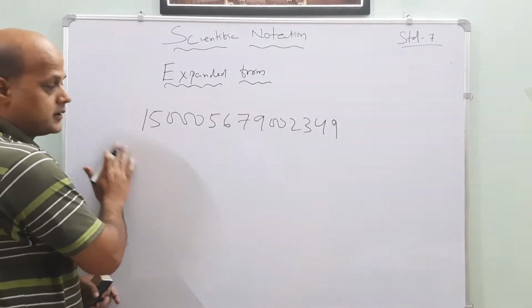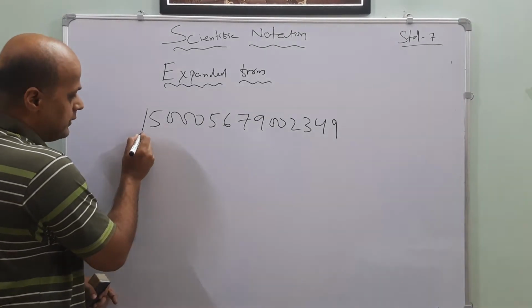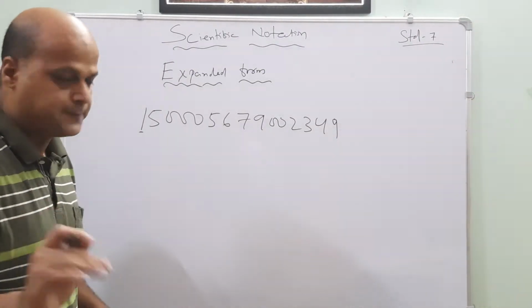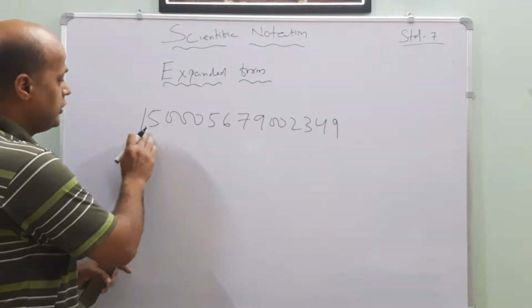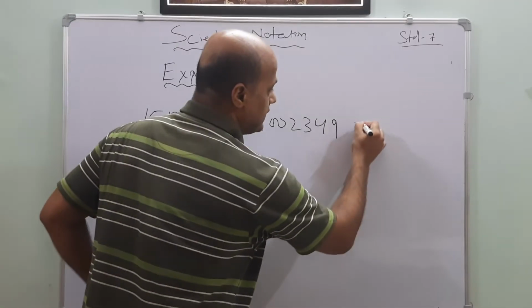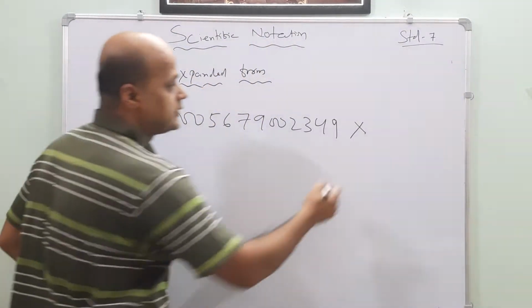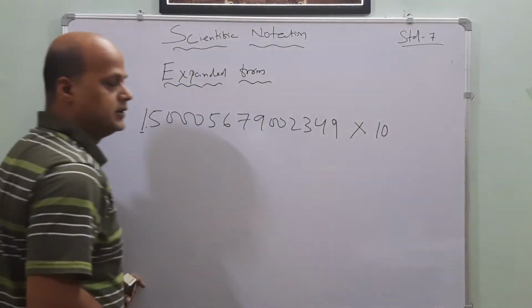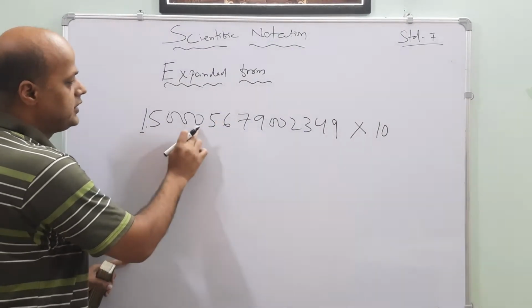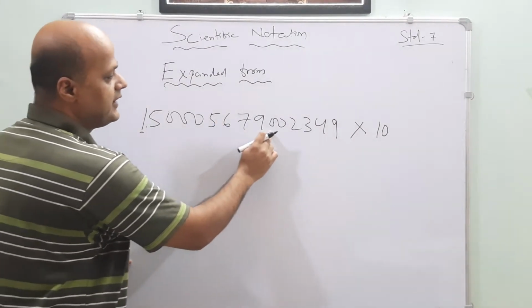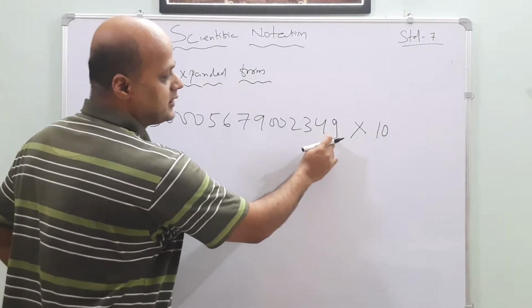Whatever the number is, from the left hand side, keep the first digit fixed. After that, put a decimal. When you put a decimal, put a multiply symbol and the number 10. Now count the digits. How many are there? 1, 2, 3, 4, 5, 6, 7, 8, 9, 10, 11, 12, 13, 14.